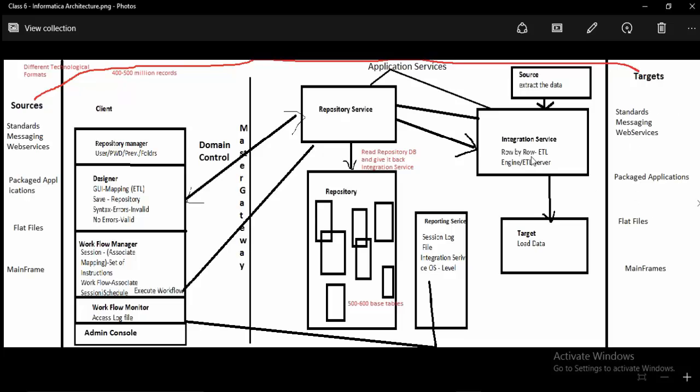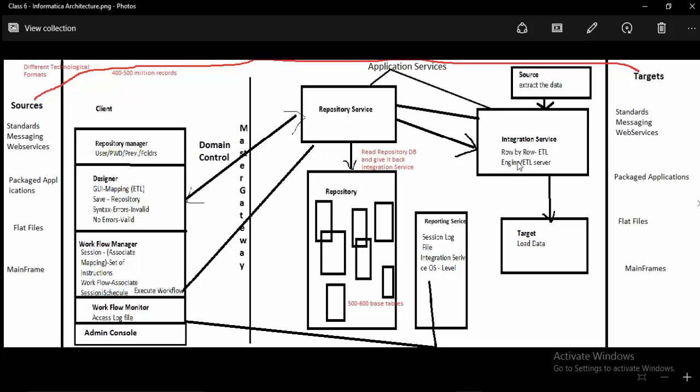That means it helps Informatica to connect with your external source system and extract the data as per your mapping, then transform the data and then load the data.